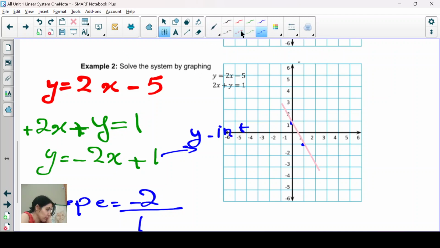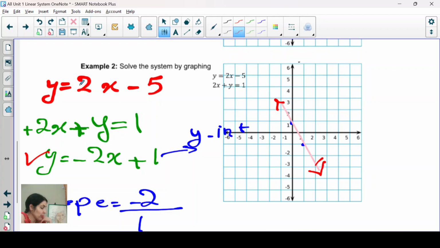Okay, don't forget to put arrows. And this one is checked. We have done this one.